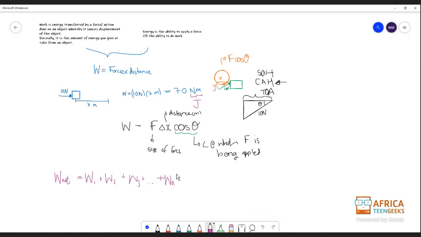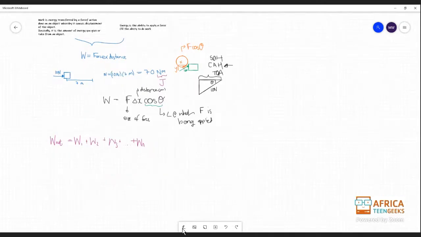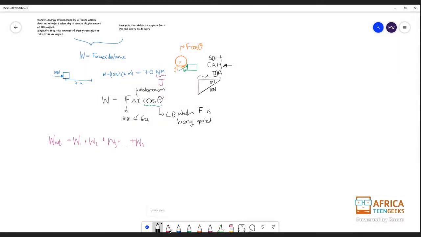But this isn't always possible to work out. So what we end up doing is we take Newton's laws and apply them into this, and we say, what if the net work is equal to the net force times the change in your distance. Now, hopefully you remember from grade 11 that F net is equal to mass times acceleration.